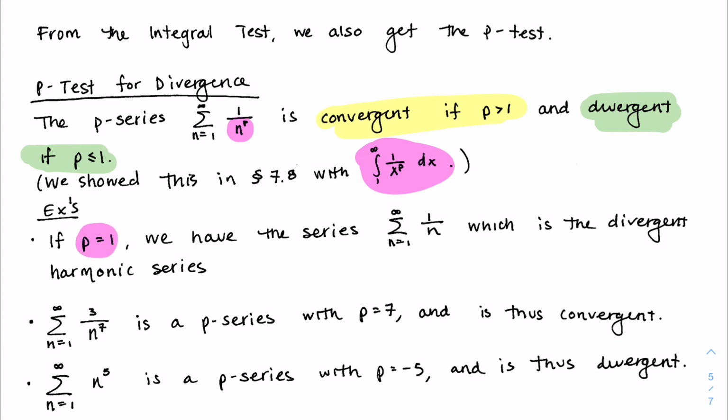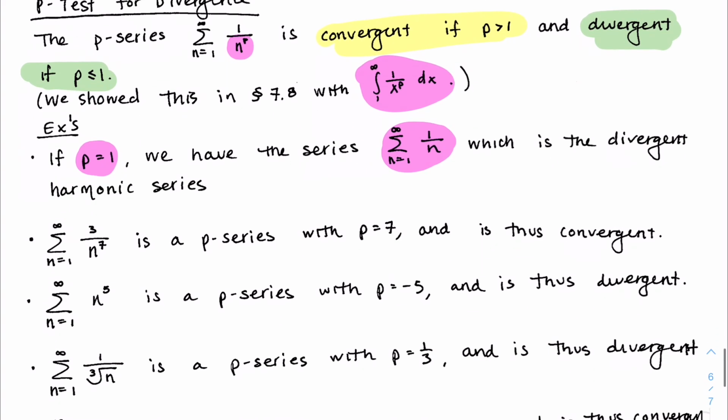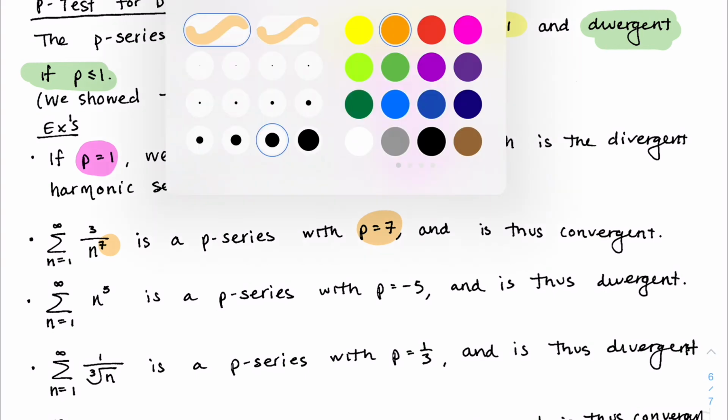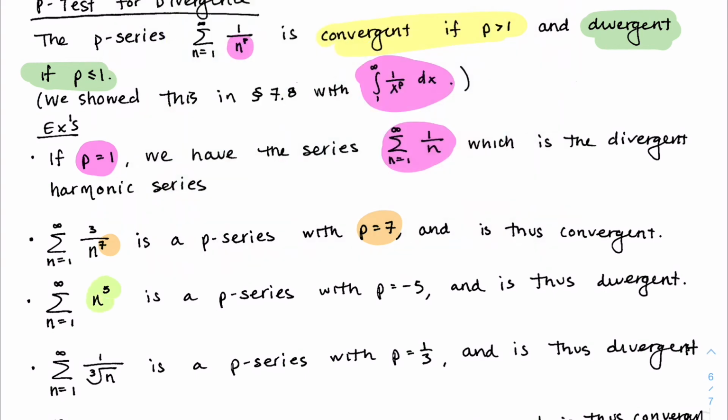So this first example, when p equals 1, you get the sum from n equals 1 to infinity of 1 over n. That's exactly the harmonic series, so it's divergent. If you look at this next one, those constants you can always pull out, but the power is 7, so p is 7. It's going to be convergent. Here, you don't need to use the p-series. This follows just directly from the test for divergence.